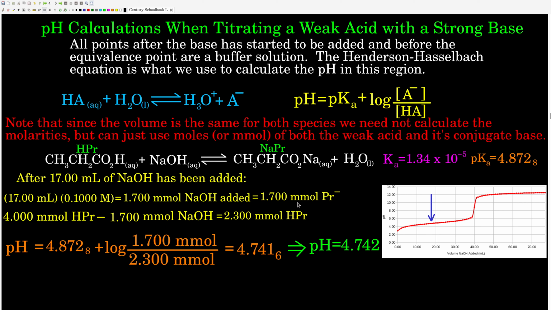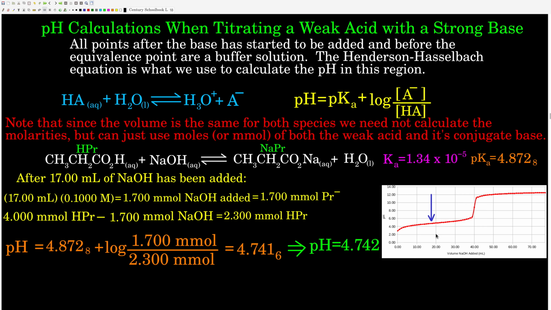We want these numbers because that's what we plug into the Henderson-Hasselbalch. We don't have to worry about calculating the concentration, like I said, because the volumes will cancel. So all you have to do now, really, it's quicker than it took to say it. To calculate the pH, take the pKa right over here, plus the log of the millimoles of the base form, 1.700, to the millimoles of the acid form, 2.300, and we get 4.742.